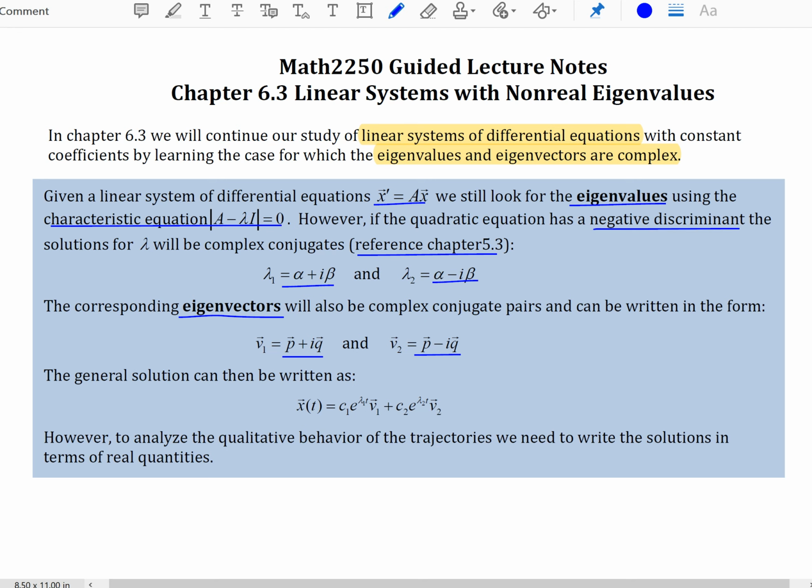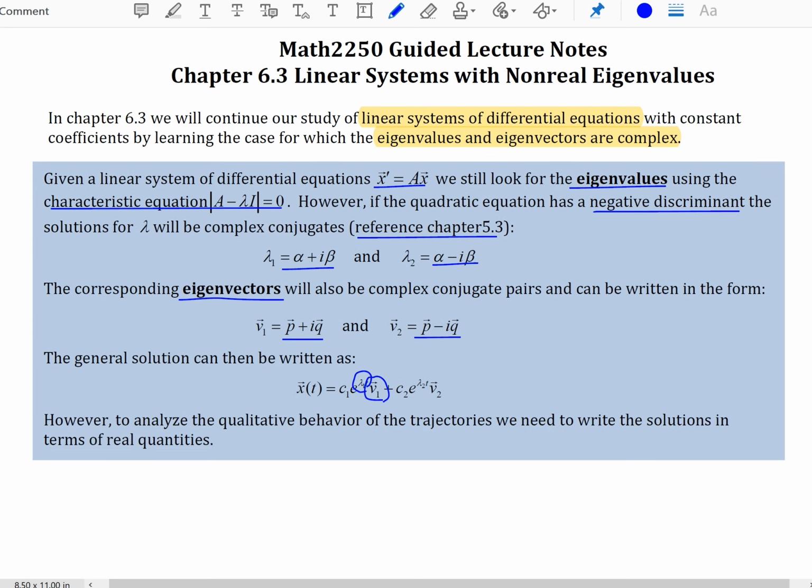However, to analyze the qualitative behavior of these trajectories, we need to be able to write these solutions in terms of real quantities. Because as it stands now, both lambda, our exponent, and our vectors have complex components to them. So let's see about rewriting these.